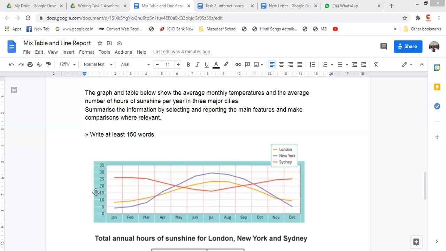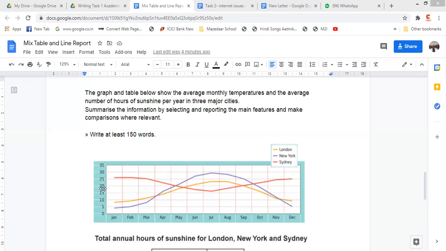एवरेज का सिखाया था मैंने वर्ड. मीडियन. Respectively. नहीं, मीडियन. मीडियन. Okay, M-E-D-I-A-N, median.